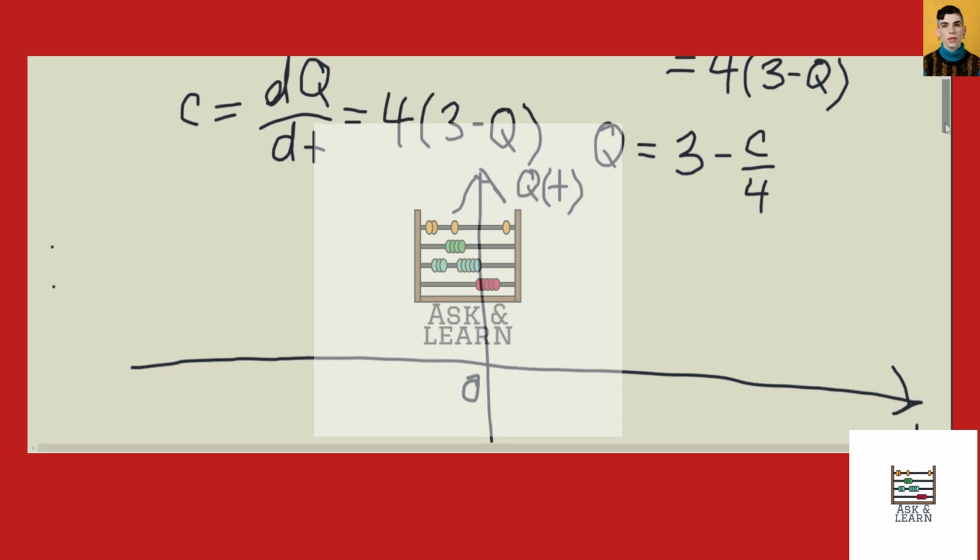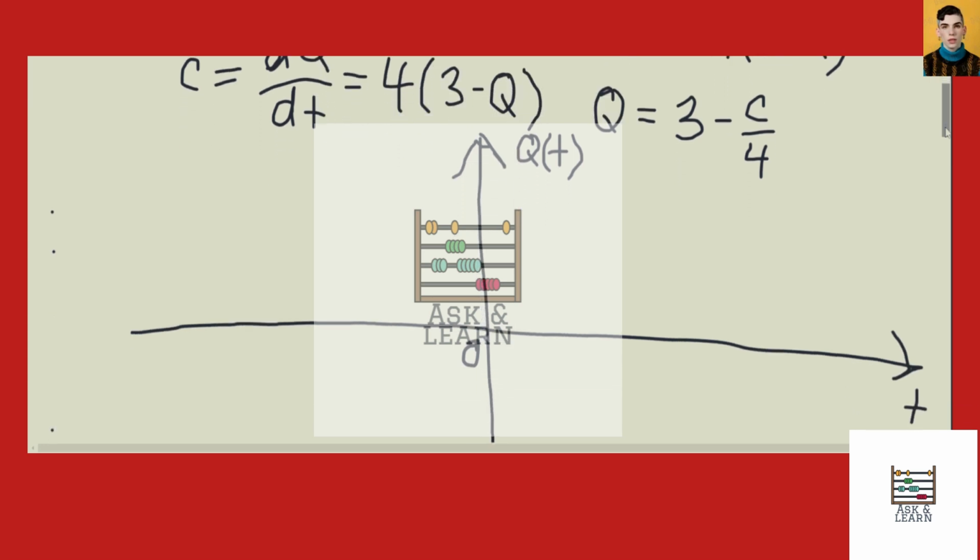In particular, if C is equal to 0, then Q is equal to 3. All the points on 3 are going to have slope 0.